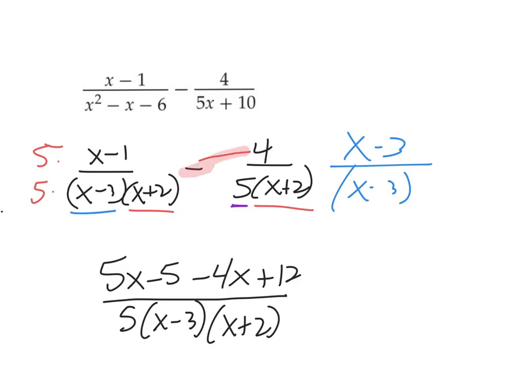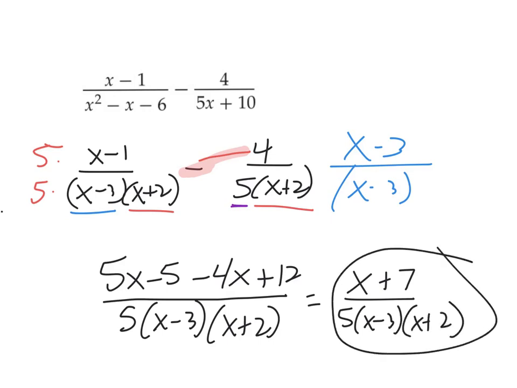It's like negative 4. So when I distribute negative 4, I get negative 4x plus 12. So on top now I can combine like terms. So I get x plus 7 over all of my common denominator. And that's my final answer.